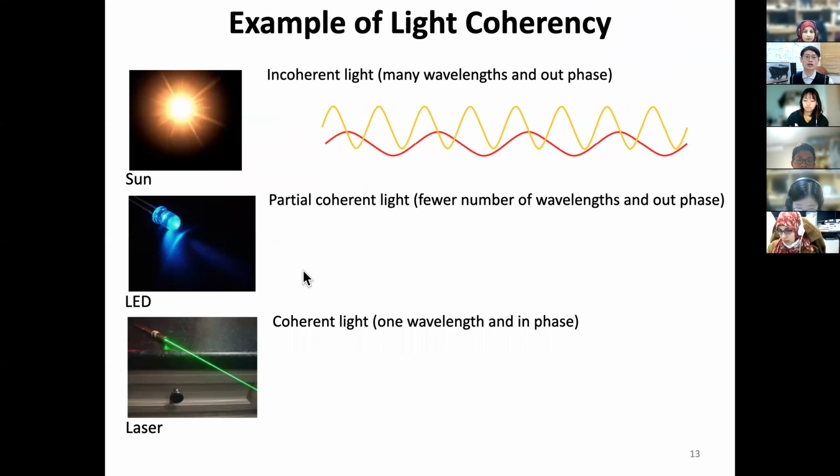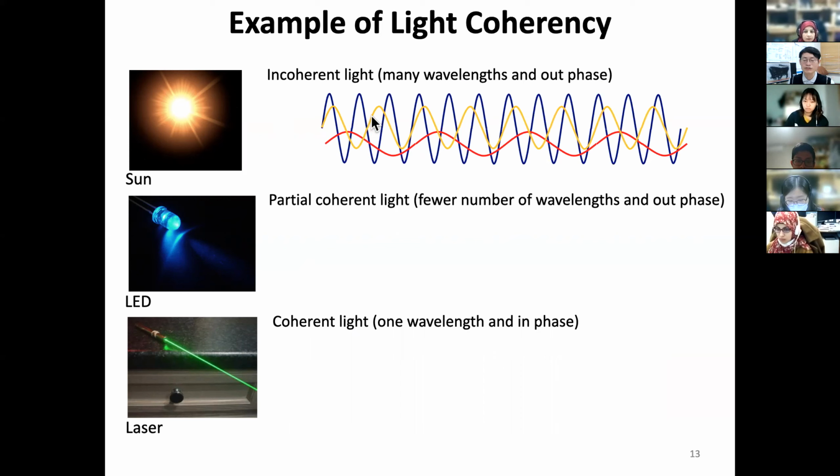All right, so I just want to give you a broader sense with examples of light coherency. Take sunlight, where all parts of the sun are shining, emitting light. The different light emitters do not know each other, in fact, so the electromagnetic waves, you can see, have all different wavelengths and amplitudes. So we call this incoherent light, because there are many colors, which means different wavelengths, and their phases are just random, okay?